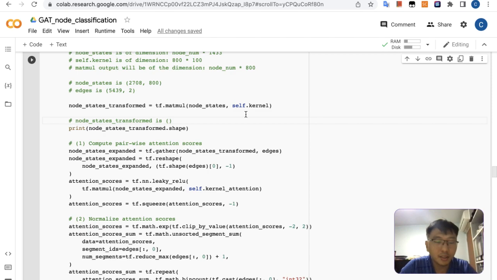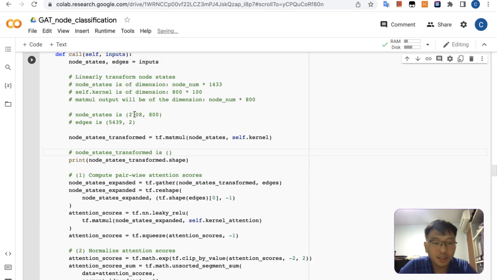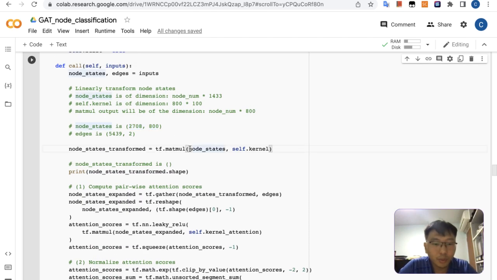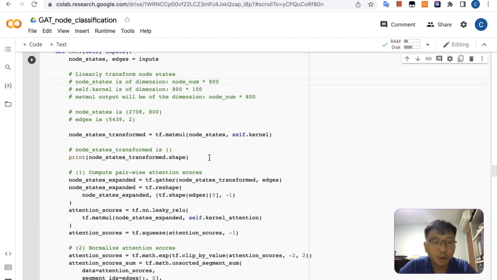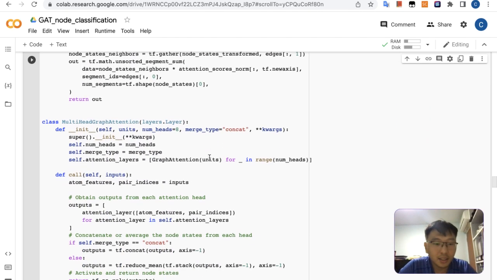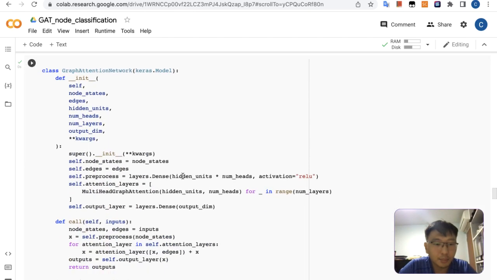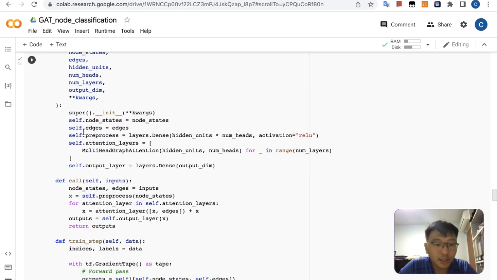It should be, because the node states is this 2708 by 800. So this node states already has been pre-processed, because it's not 1433 anymore.